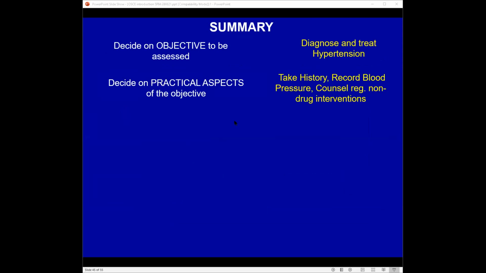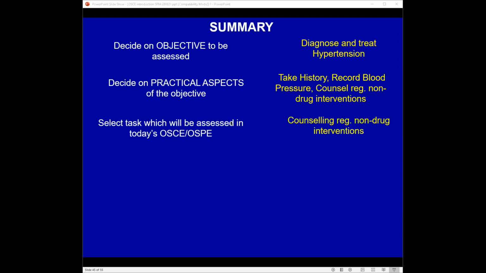Well, he should be able to take history. He should be able to record blood pressure. He should be able to counsel regarding drug intervention and non-drug interventions as well. Okay, very good. So of these, let us select which will be assessed in today's OSCE. Perhaps we are going to select counseling regarding non-drug interventions.